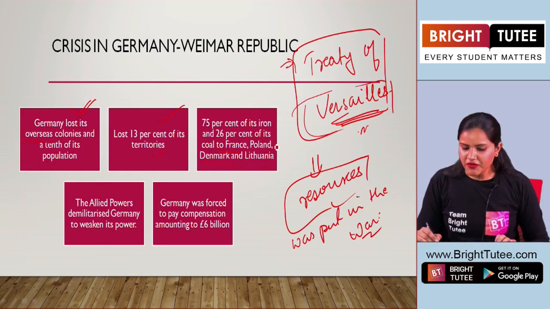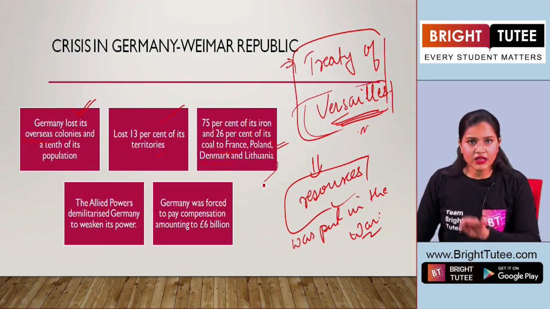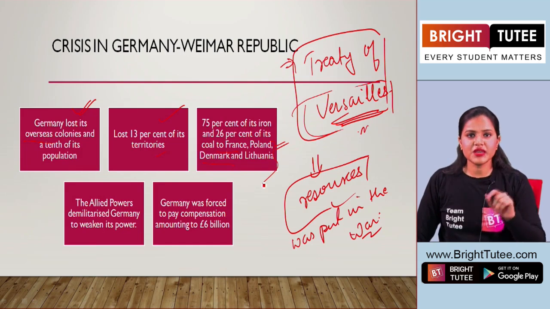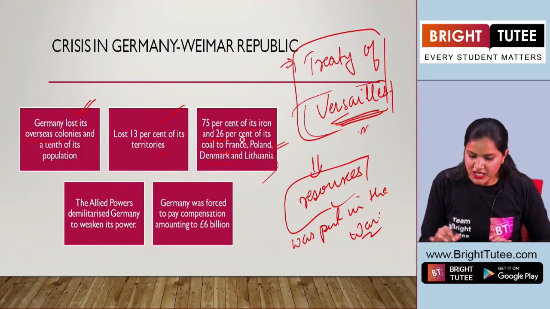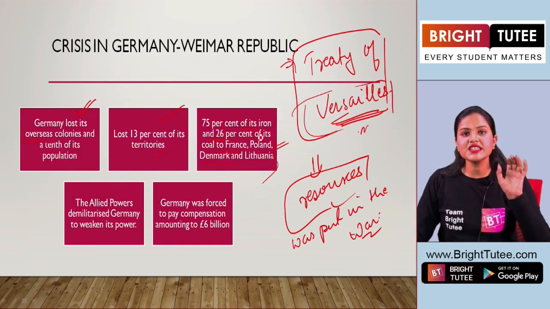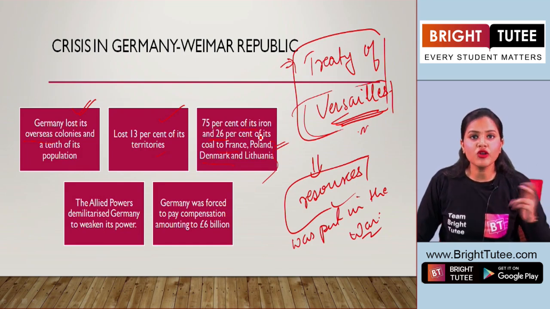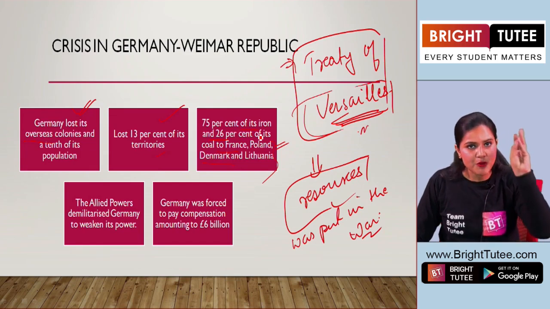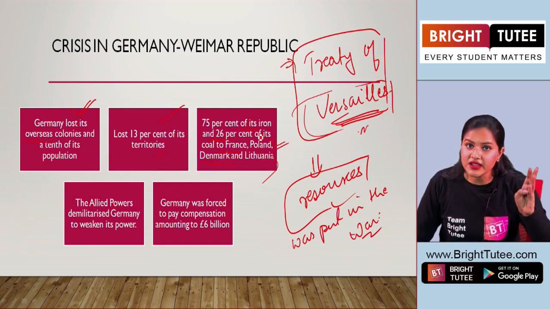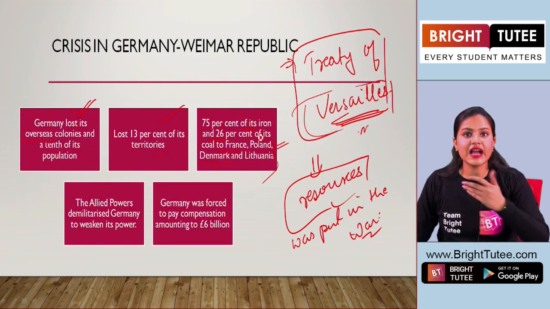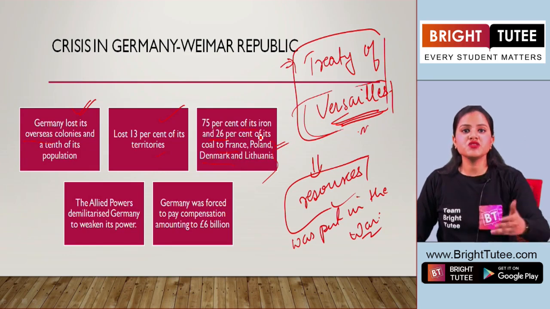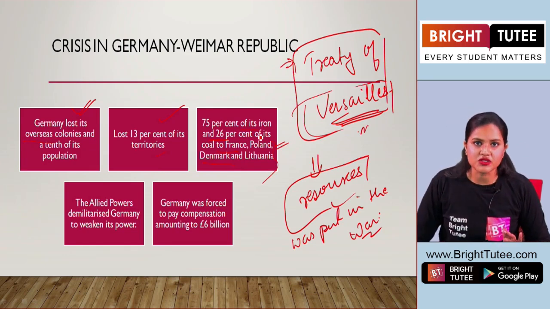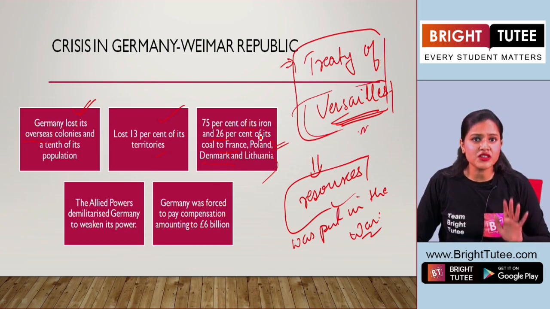So these were some of the winning countries that participated in the war, and all these small countries were given 75% of its iron and 26% of its coal mines. Now imagine the situation of Germany. They are losing their population, they are losing their territories, the coal mines and the iron mines are also being transferred to these different regions. Definitely they had to suffer a major setback in the economy.